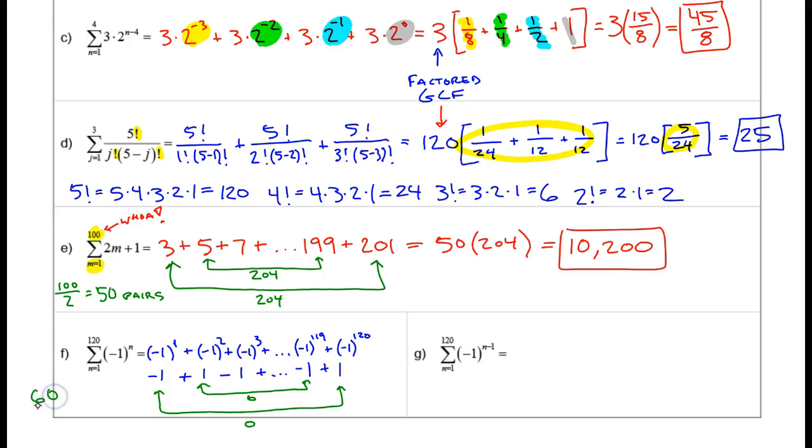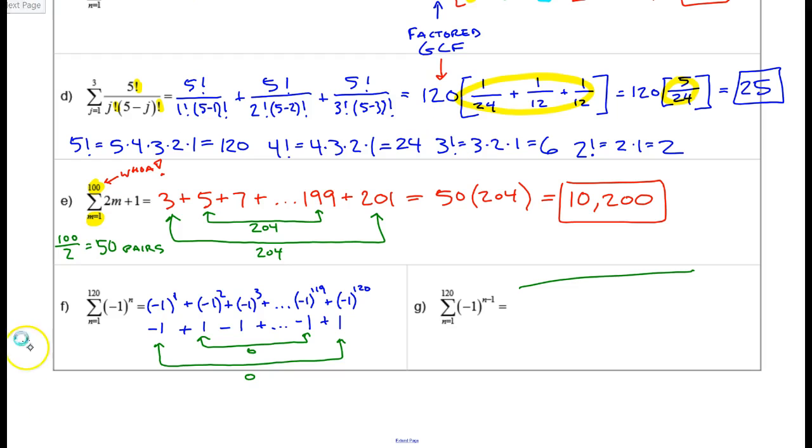We have 60 of them because if we take 120, the total number of terms in the sequence, and we divide by 2, 120 divided by 2 gives us 60 pairs that add to 0. Well, we know any number of times we add 0 to itself, we just get a result of 0.